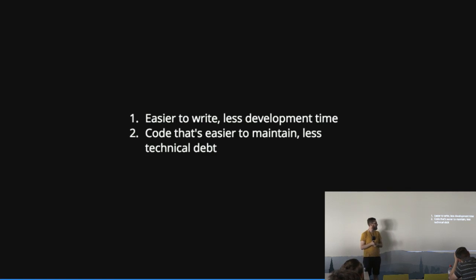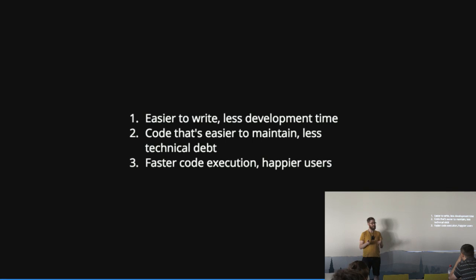Also, it's code that's easier to maintain, so you will have less technical debt, which will also mean that if you ever want to improve something in your project, you don't have to do it by improving your code, but just improving your product. And once ES6 hits all the browsers and you can use it without Babel, it will be faster code execution, which will mean happier users.